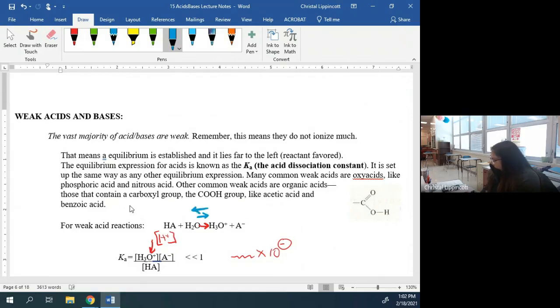When you're dealing with a strong acid or a strong base, it's all in one direction. So because it's all in one direction, everything is over here. You end up with that. There's nothing swinging back the other way. So that's why for strong acids and strong bases, we don't do the Ka, Kb expressions for them. Okay.